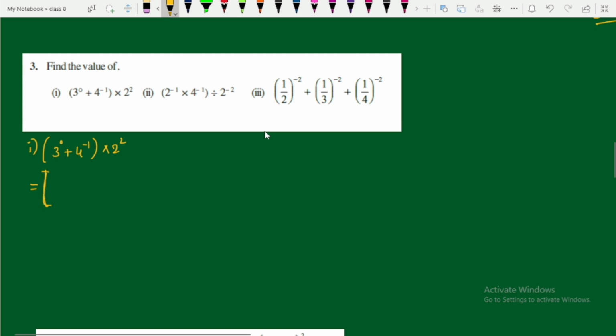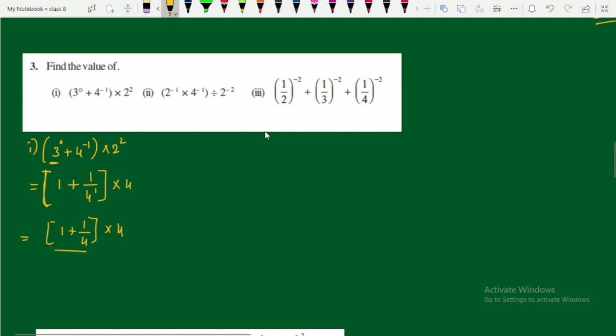You know that anything raised to 0 is equal to 1. So 3 raised to 0 is equal to 1, and 4 raised to minus 1 we can write as positive by reciprocaling, 1 upon 4 raised to 1. So bracket complete into 2 square. 2 square means 2 into 2, that is 4. Now again 1 plus 1 upon 4 raised to 1, which means 4 into 4.